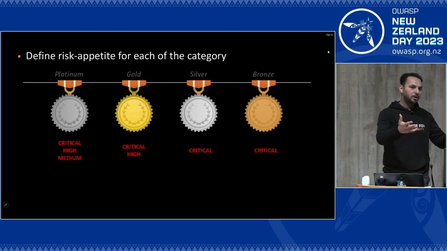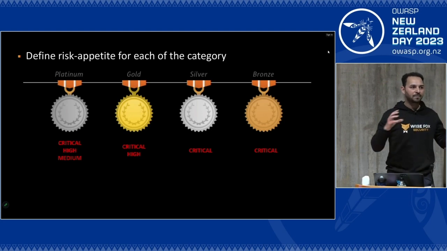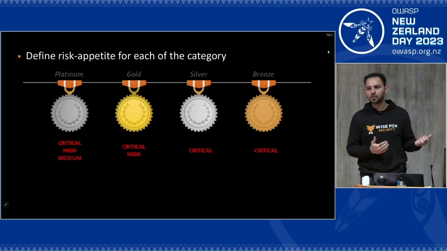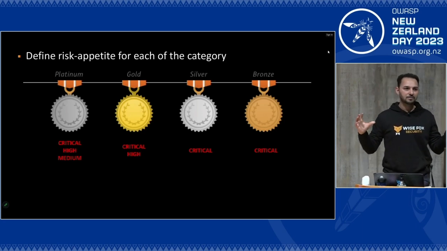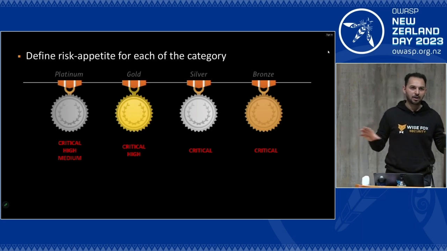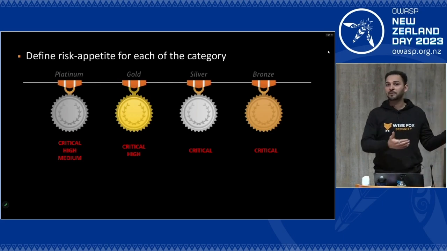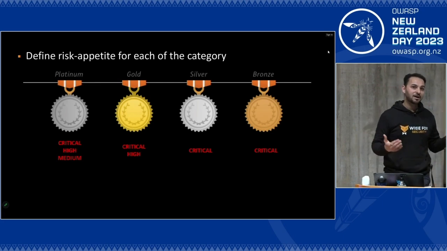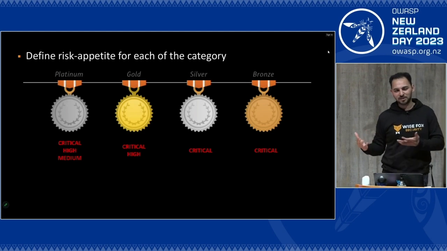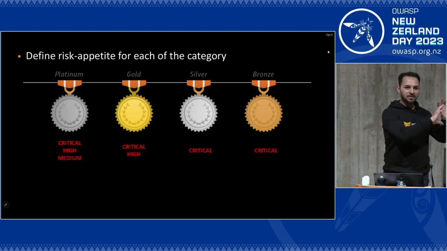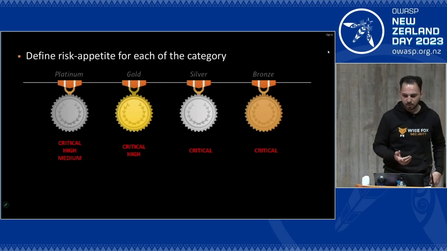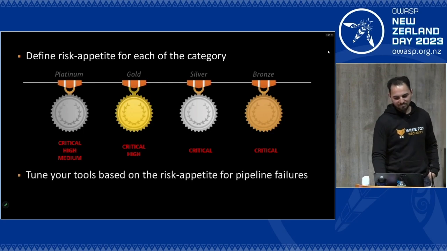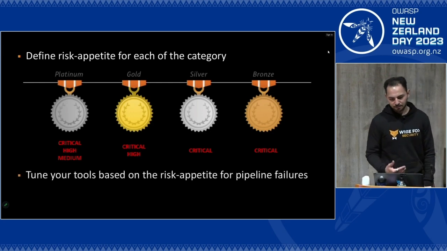Your team, your organization needs to define what that risk appetite looks like for your applications, and I'm not using a blanket failure across the pipelines or across the applications. So if your DevOps or developer team argue with the security team, you can show them this is defined by the organization. This is not a security score, this is an organization score. Then you tune your tools based on that.